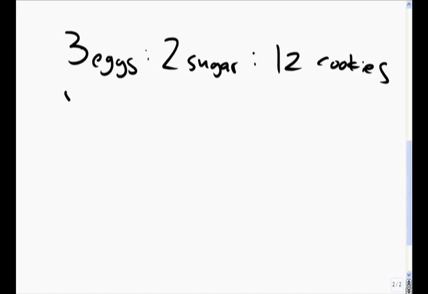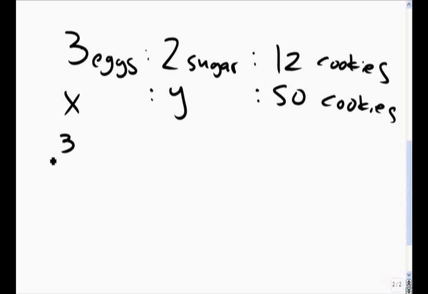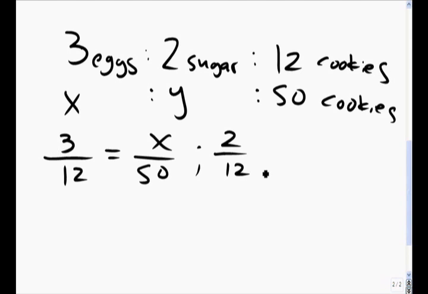If we let x represent the unknown quantity of eggs, y represent the unknown quantity of sugar, for 50 cookies, we can create a proportion that relates the 3 eggs to 12 cookies equal to x eggs to 50 cookies. A second proportion relates the 2 tablespoons of sugar to 12 cookies equal to the y tablespoons of sugar to 50 cookies.